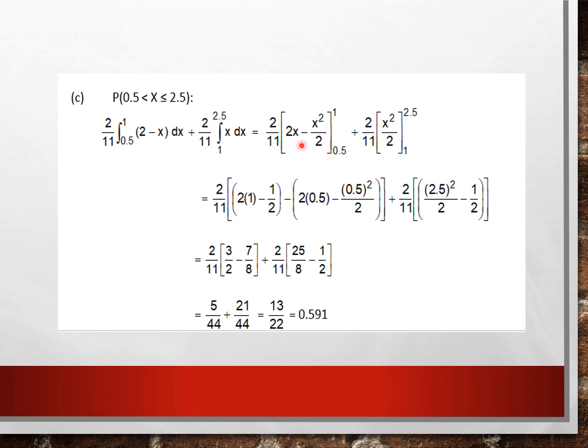You get 2x minus x squared over 2. And for the second function, you have x squared over 2. Substitute the values of 1 and 0.5. And for this one, you substitute the values of 2.5 and 1. And calculate as usual. And the final answer is 0.591.